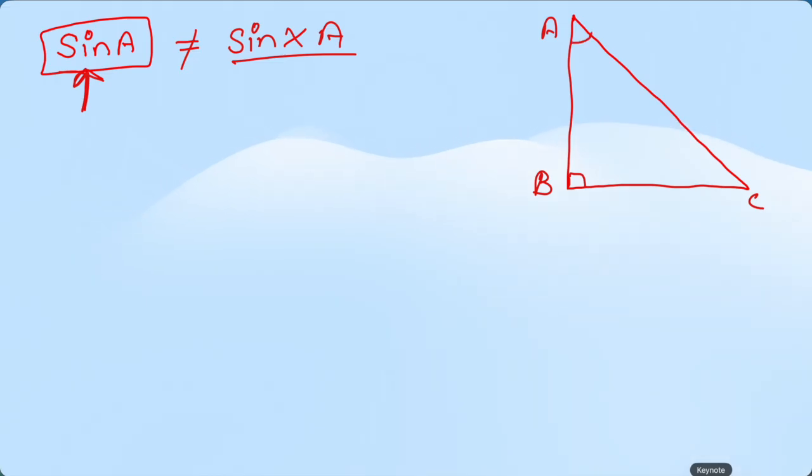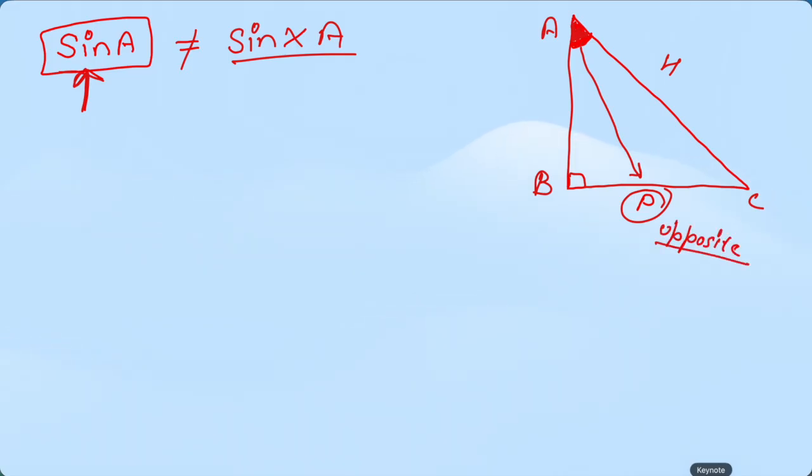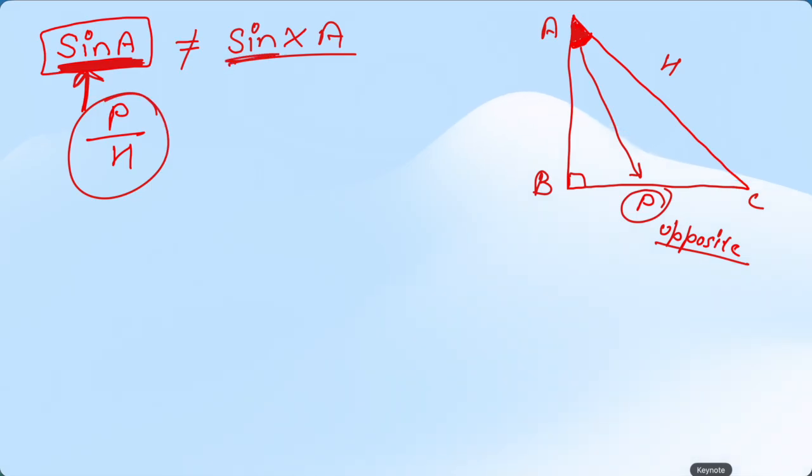If I'm talking about this angle, then sine means P by H. This is H, and for this angle, this will be P, because this is opposite. Opposite is known as the perpendicular. So here it is sine of angle A. Sine of angle A is P by H. It is not sine into angle A. This should be clear in mind.